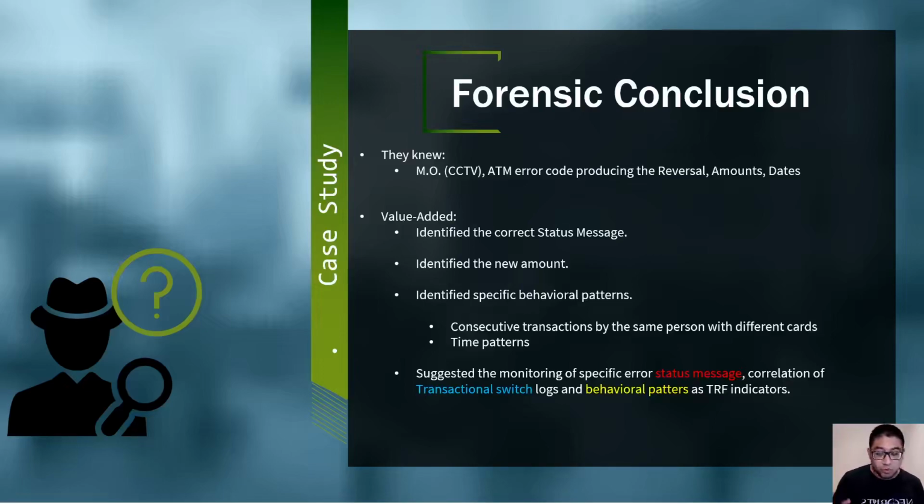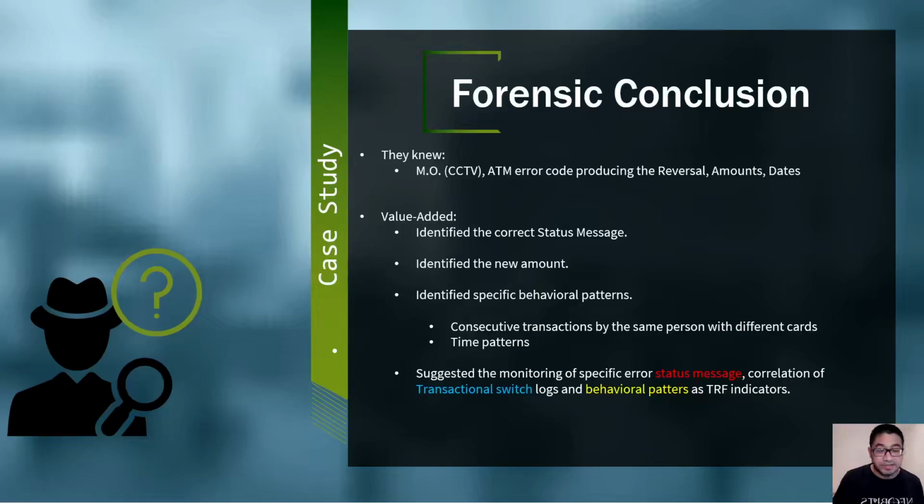I saw that the ATM error code that they told me was producing the reversals was not the correct one. Indeed, the status message was different. So I identified this new status message, and with it I also found a lot of new records. And with all of this, obviously the amount of money lost increased compared to what they knew before.